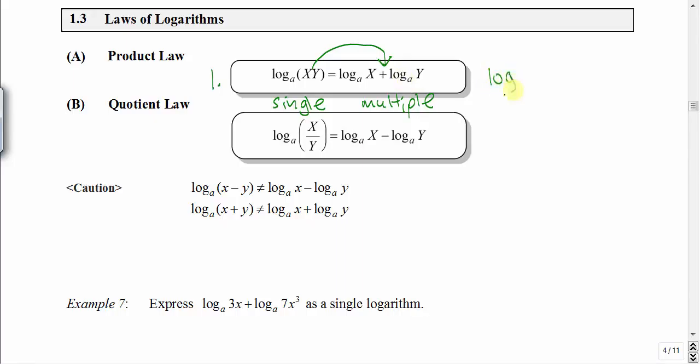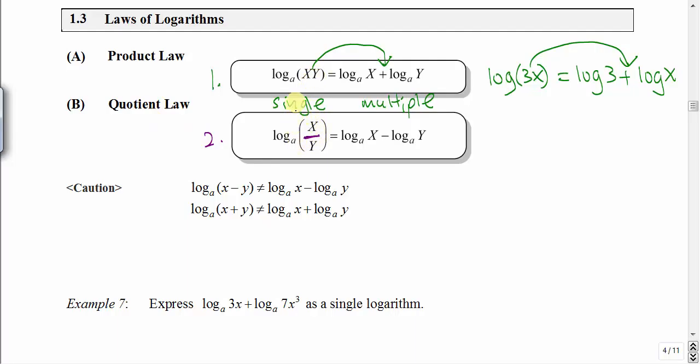Example, log base 10 of 3x can be written as log 3 plus log x here. This multiply becomes a plus, and this is known as the product law. For the second law, which is the quotient law, instead of a multiply, we have a divide here.